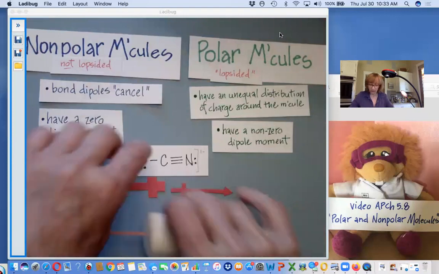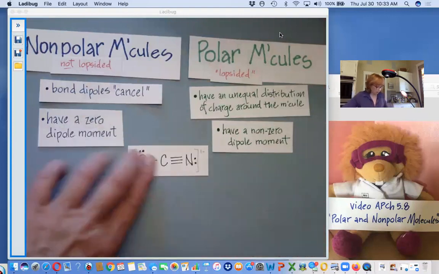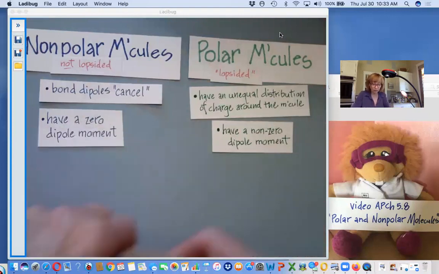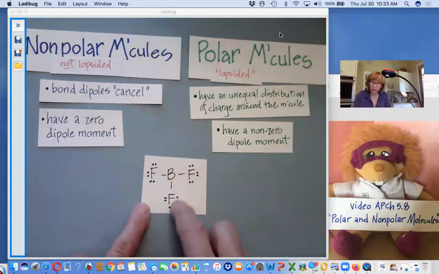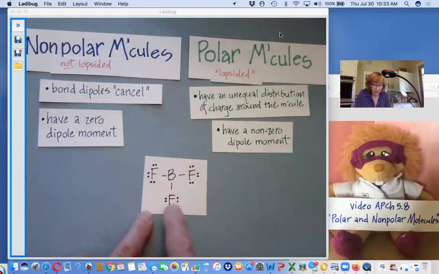Okay, let's consider another molecule. Let's look at boron trifluoride. So when you do an electron dot diagram, a Lewis electron dot diagram, it looks like this on paper. And on paper, this looks like a T-shaped molecule. But remember, when you consider the central atom and you're counting how many electron domains, we come up with 3.